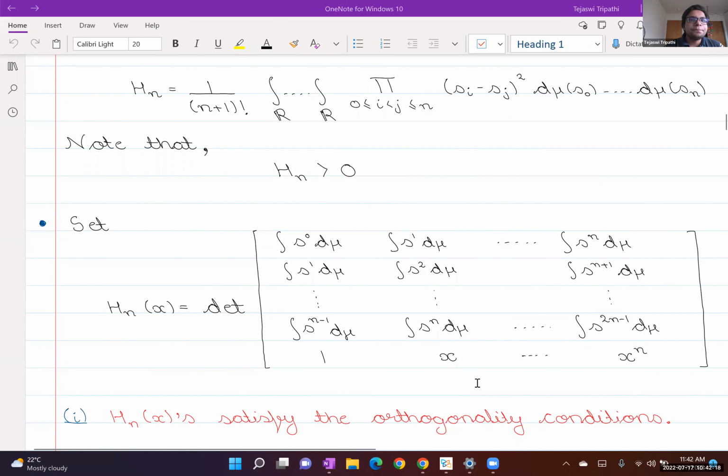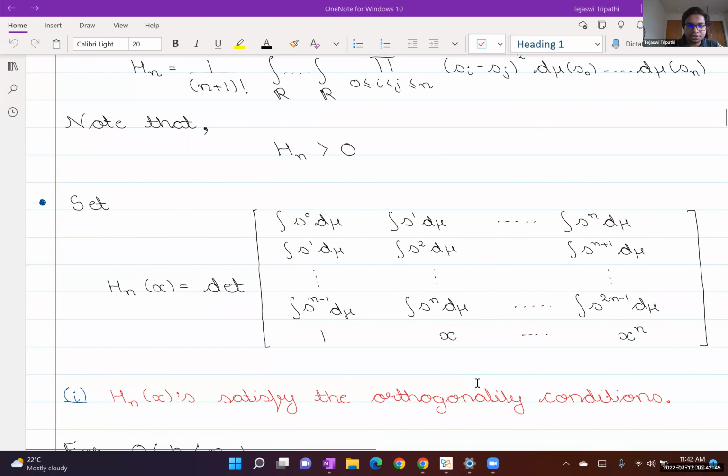Okay, first of all, if we want to show that some collection of polynomials is orthogonal, we want to show that the integral of p_n(x) p_m(x) should be 0. But instead of that, you can show that for every n, if you integrate p_n(x) with the monomials 1, x, up to x to the power n minus 1, it will be 0.